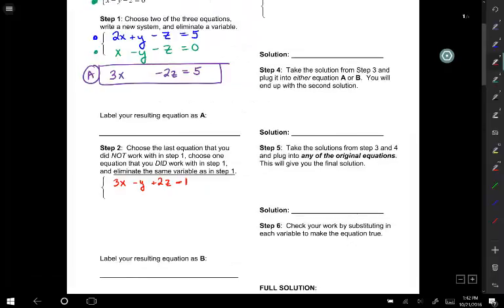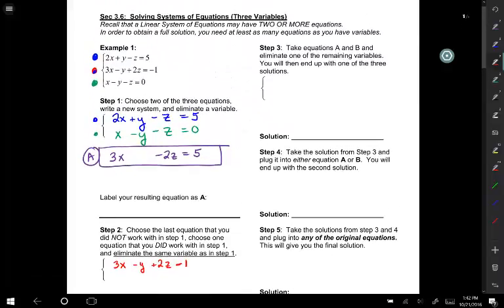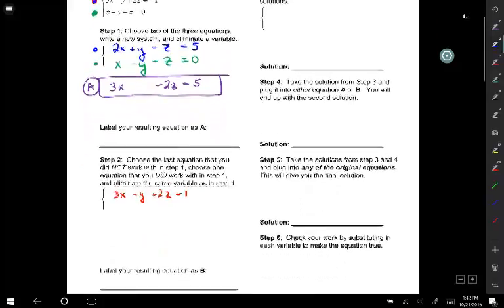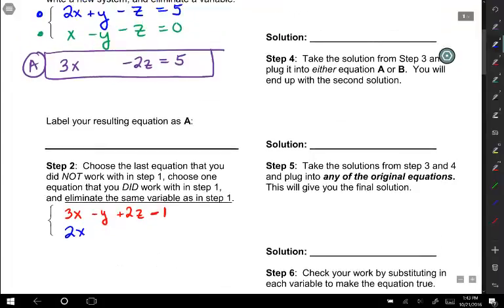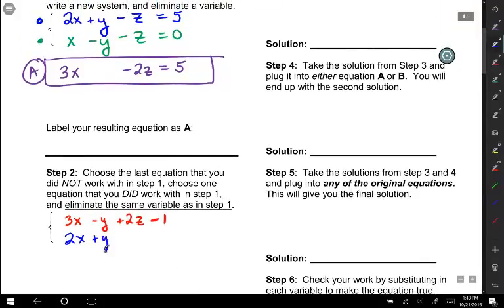All right, what equation can you combine red with to drop out the y variable? 2x plus y. Blue or green? Okay, blue. So let's copy down blue again. 2x plus y minus z equals 5. Let's add those up.